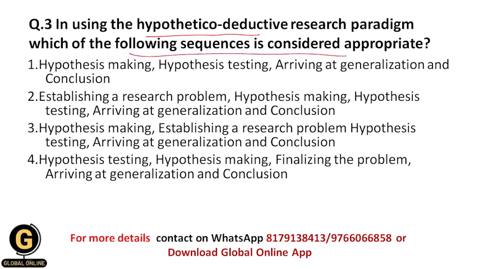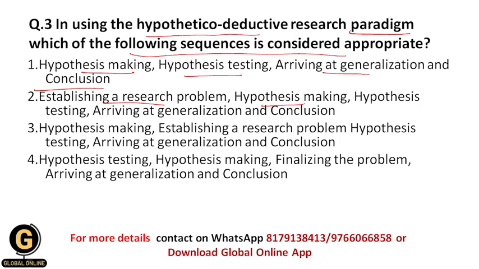Okay, so whenever you are using the hypothetico-deductive research approach, you need to go through simple steps. Those are the research steps. So what are the sequences of these research steps? So first is hypothesis making, hypothesis testing, arriving at generalization and conclusion, establishing a research problem.